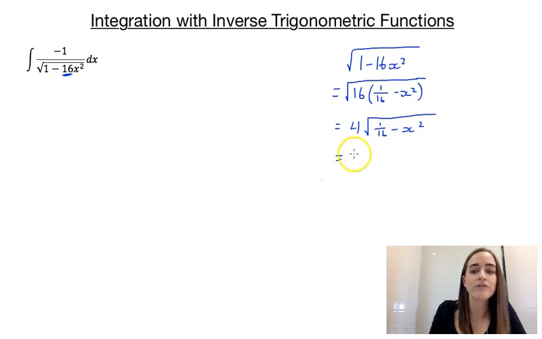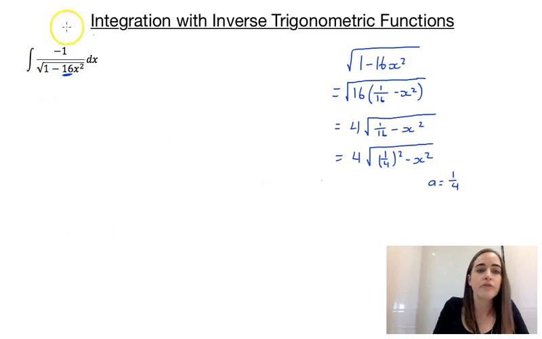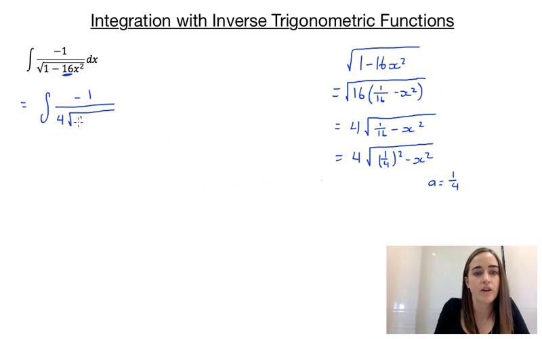And we also know that 1 over 16 can be written as 1/4 squared minus x squared. So that means that our a is going to be 1/4. All right, if we put that back in here, what that means is we're going to have minus 1 over 4 root 1/4 squared minus x squared dx.